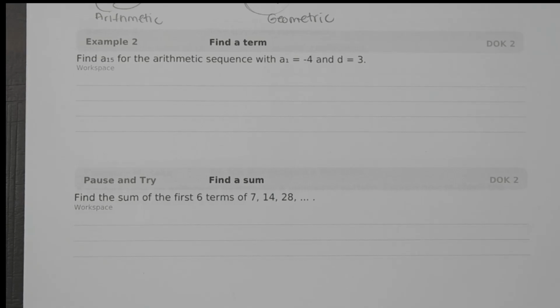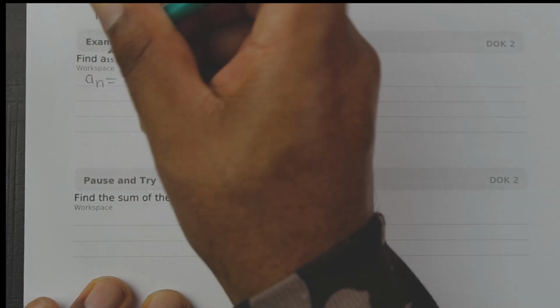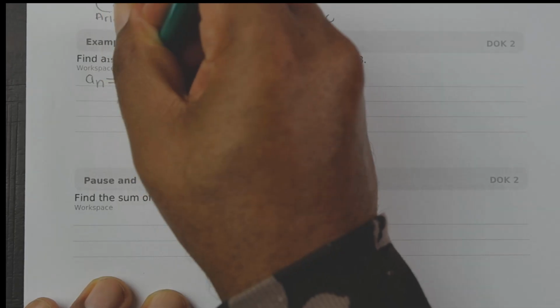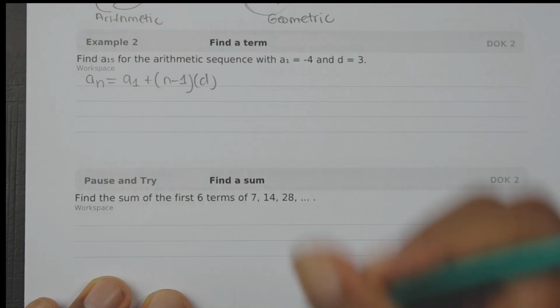Example number 2 says find a sub 15 for the arithmetic sequence with a sub 1 equaling -4 and d equal to 3. We're already told that we're looking for the arithmetic sequence, so that tells me I'm looking for one particular term. So I'm going to use a sub n equals a sub 1 plus (n minus 1) multiplied by d.